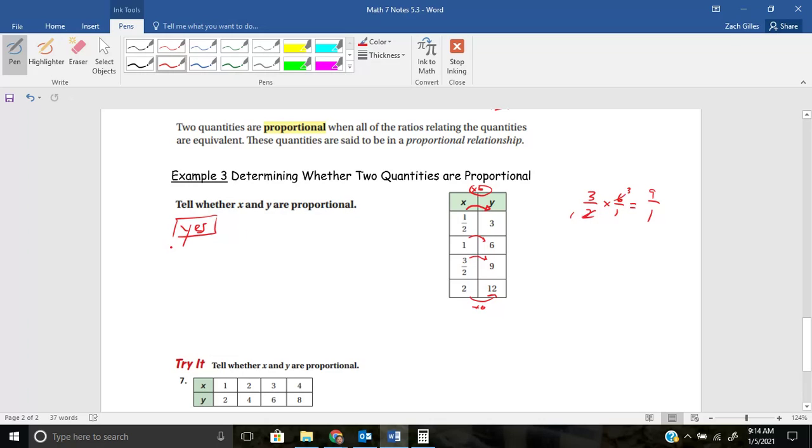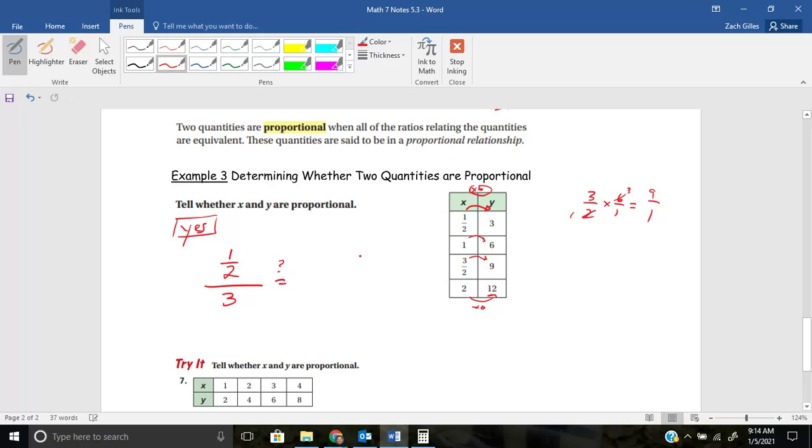Now, if you wanted to, you could also set up some ratios to check, right? We could say that when X is 1/2, our Y is 3, so we could set up a proportion of 1/2 to 3.